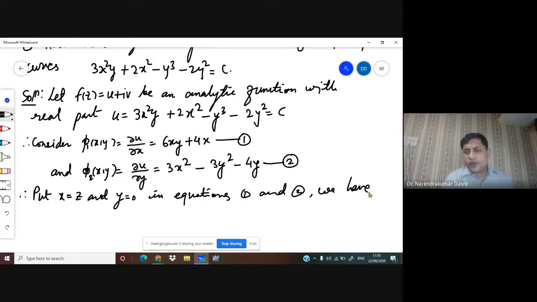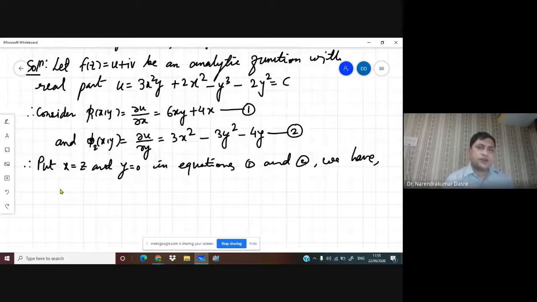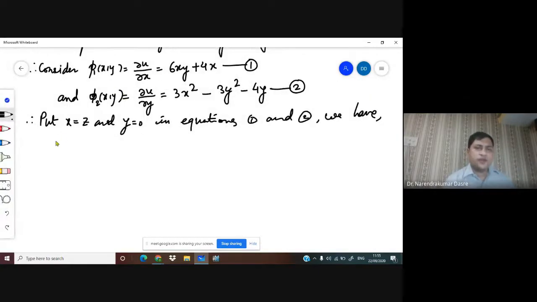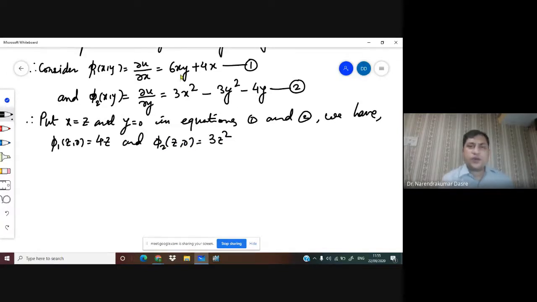So what we'll get after putting these values here: phi1 of z,0 is equal to 4z, and phi2 of z,0 is equal to 3z square. This term contains y, so that's why this term is going to be 0. Both these terms are having y, so we are putting y is equal to 0, and hence these two terms vanish. And now we have the fourth step for the Milne-Thompson method.